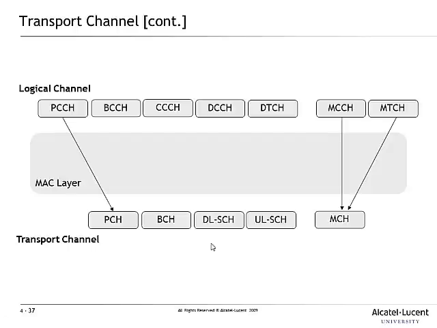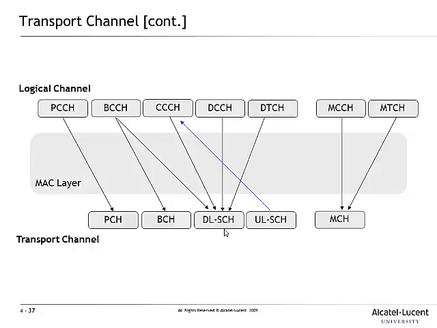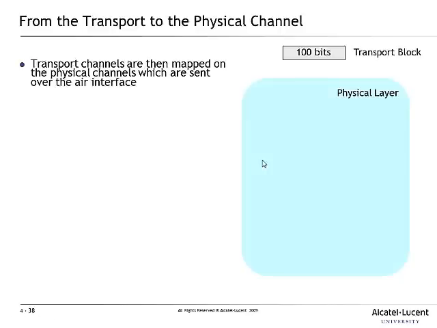Obviously the PCCH will go into the PCH. The broadcast channel will go into one of these depending on what type of broadcast it is. The common control channel will go on the downlink channel, and so forth. Again, I'm not expecting you to know this. Now we move on to the physical layer, the physical channel, which is probably a little bit more interesting.